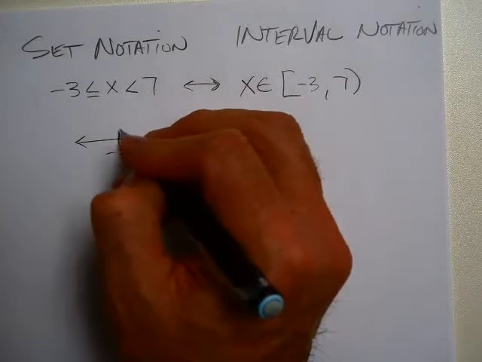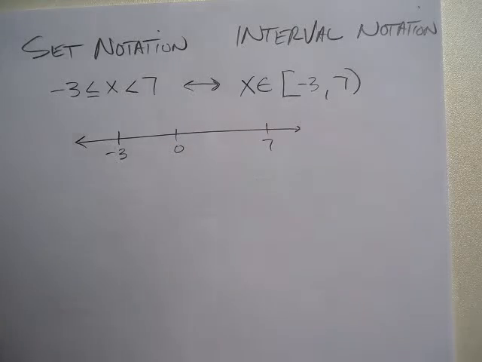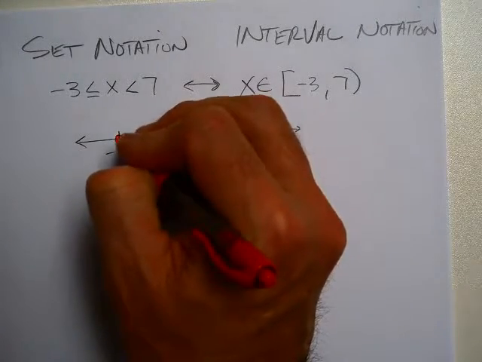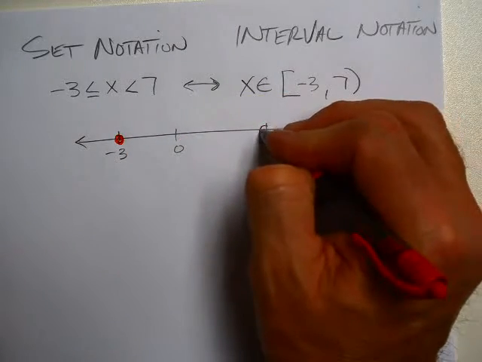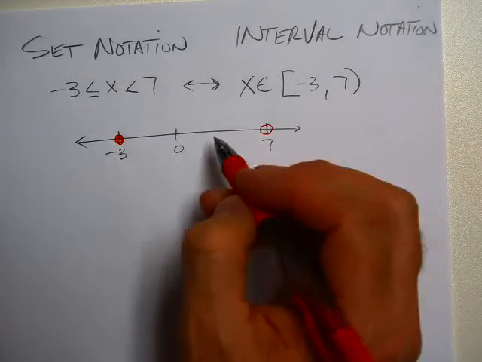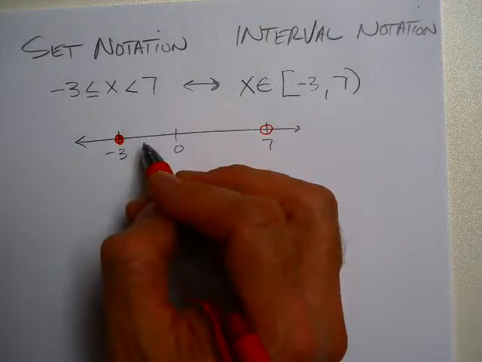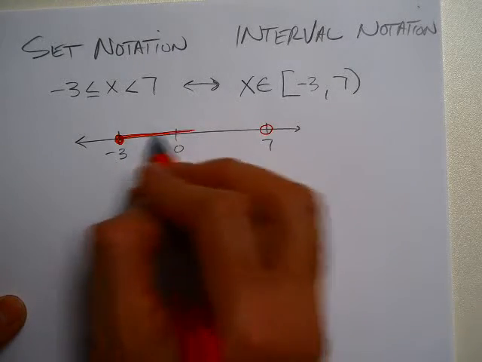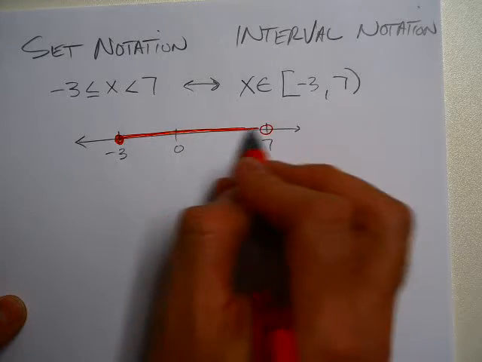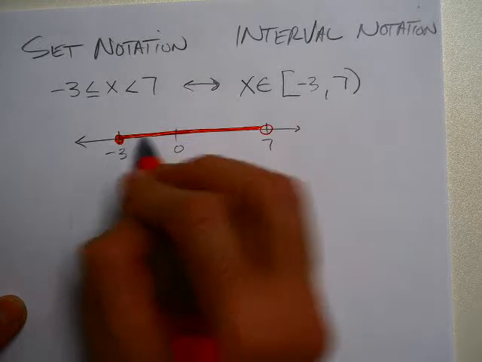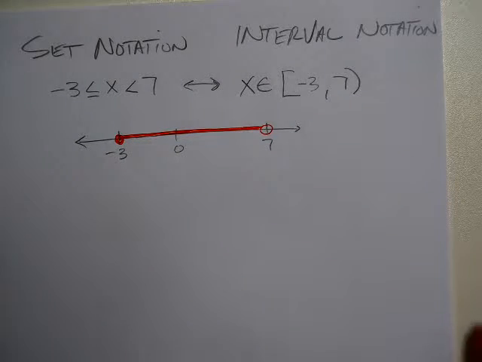So at -3, I have a filled in dot, that's right, and an open dot at 7, and X is any value in between these. Okay?